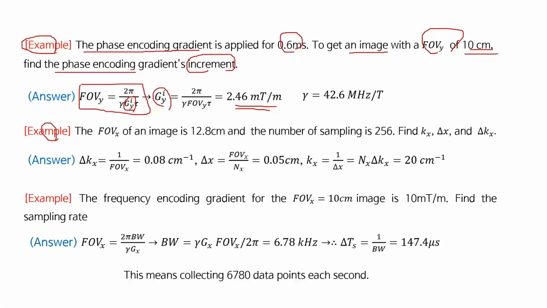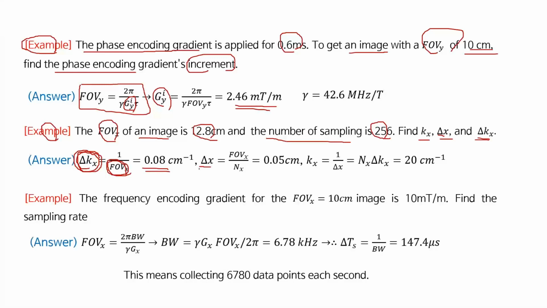Next example. The FOVx of an image is 12.8 centimeters, and the number of sampling is 256. Find Kx, delta x, and delta Kx. Delta Kx, the pixel size in k space, is related to the image size, so we can have this number.